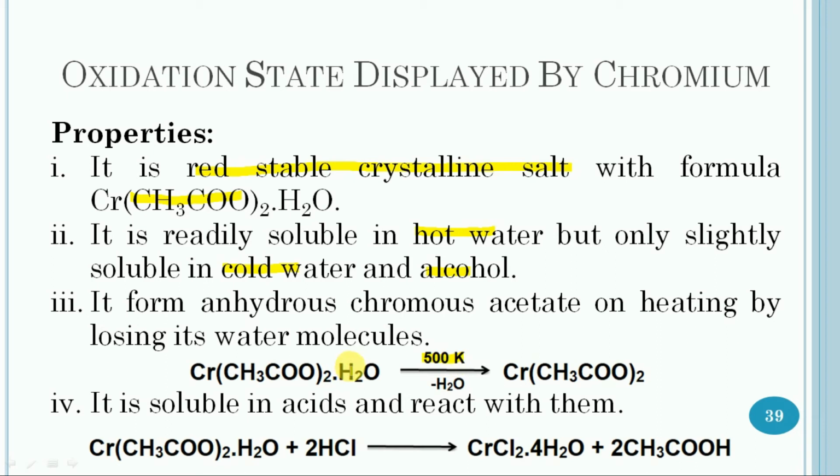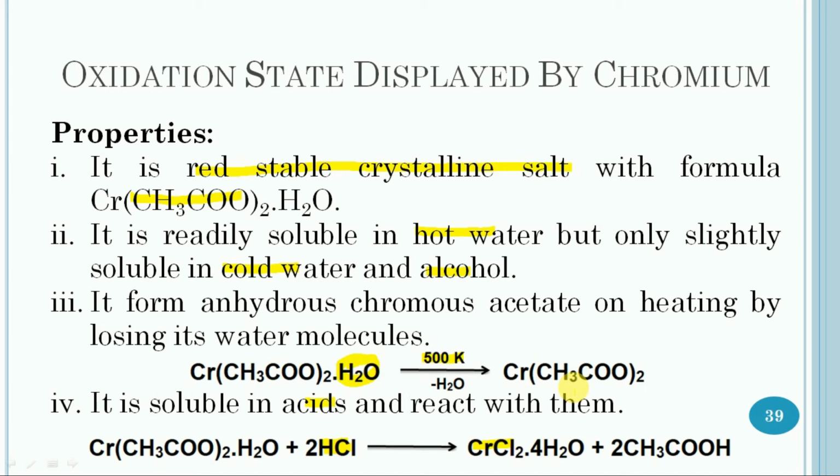It is soluble in acid and reacts with them. With hydrochloric acid it changes into chromous chloride with 4 water molecules. So these are the properties of chromium 2 acetate monohydrate.